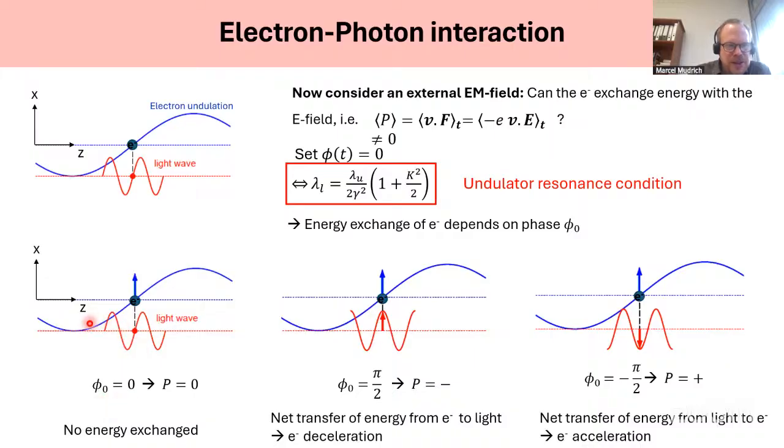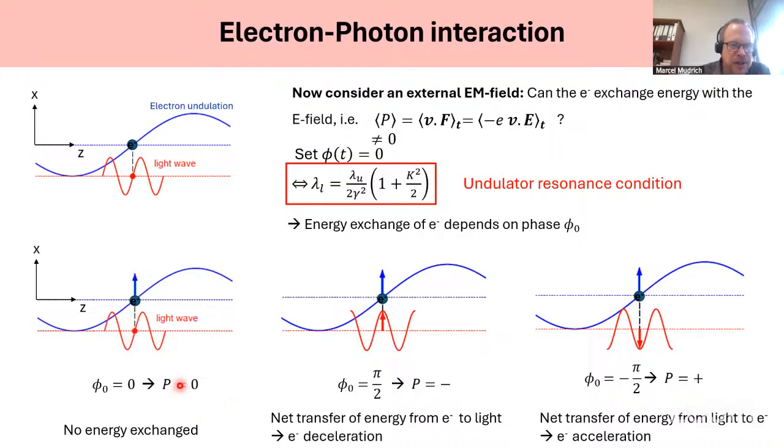what is shown here as the blue arrow is the velocity of the electrons, as the electrons undulate through the magnetic field. Here at the zero crossing, the electron velocity just points upwards. If phi 0 is 0, it means that there is a velocity pointing upwards, but no electric field at that position here.